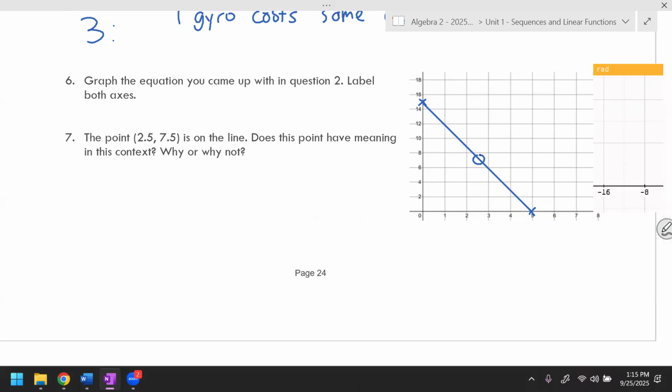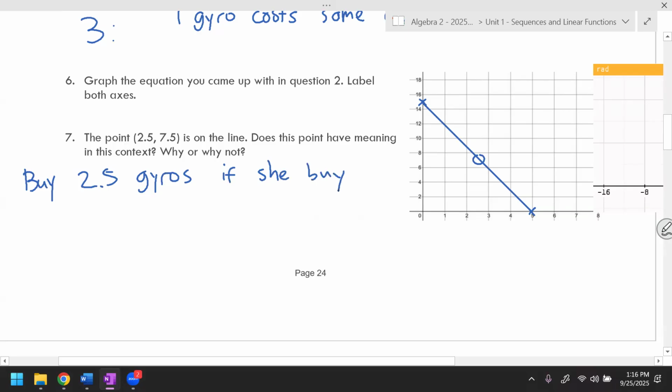Yes. So 2.5 is the amount of euros she can buy if she buys 7.5 egg rolls, and vice versa. And you know what?